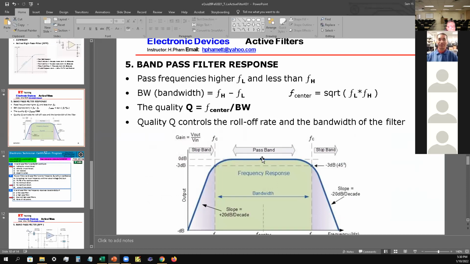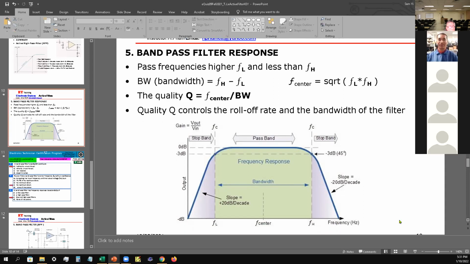Looking at that chart, the filter generates maximum gain within its pass band, which is here, between the two where it intersects minus 3 dB, the lower cutoff and the upper cutoff frequency. Oh, okay, I get it.